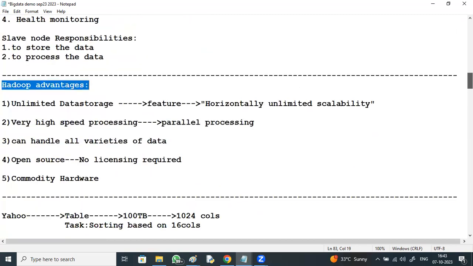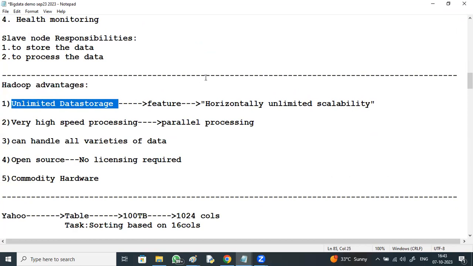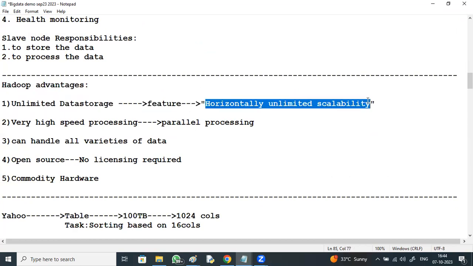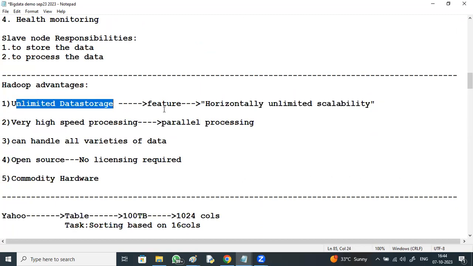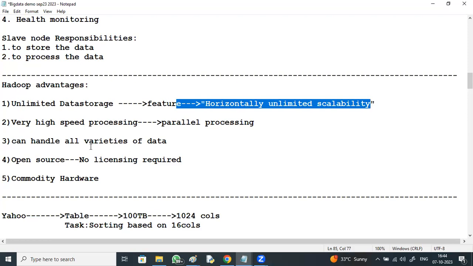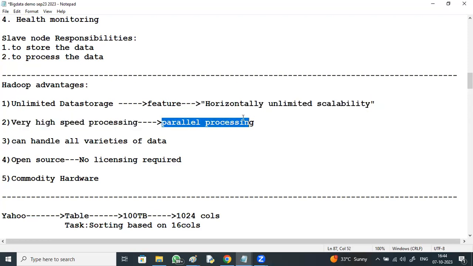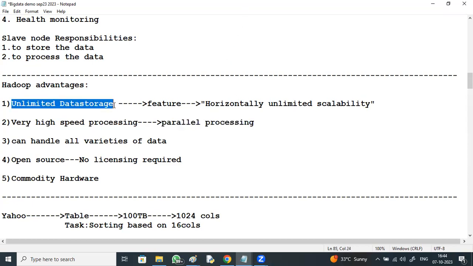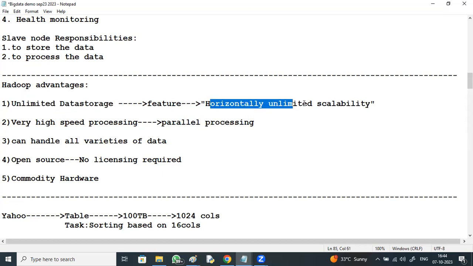Hadoop advantages: first, unlimited data storage is possible because of a feature, horizontally unlimited scalability. And very high speed processing because of parallel processing.